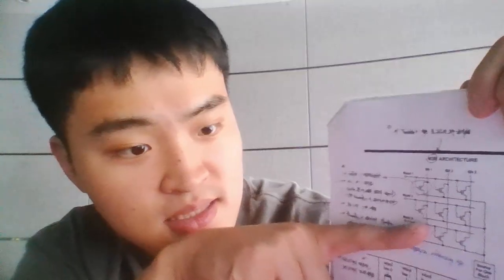And now, this is the last part of the video. I'm going to talk about the NOR architecture and the NAND architecture very fast, very short. So this is the structure of the NOR part. As you can see, each transistor is connected with the bit line and the word line.